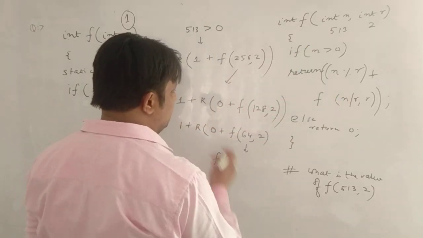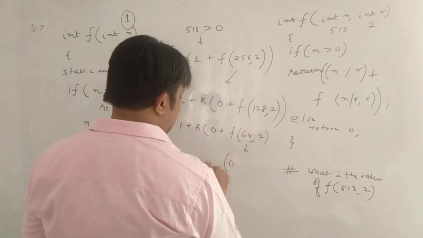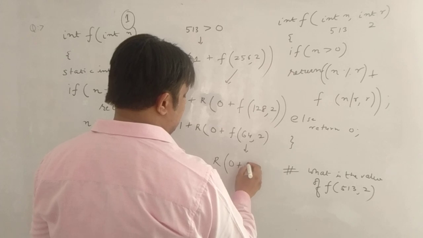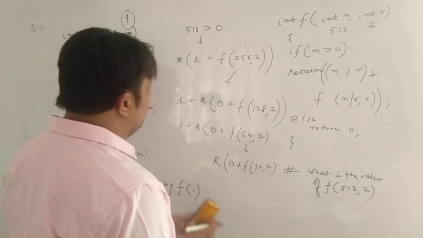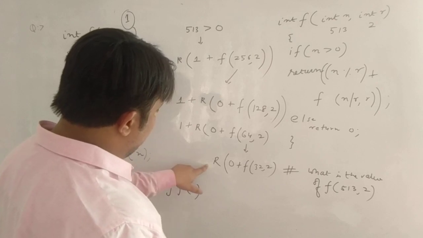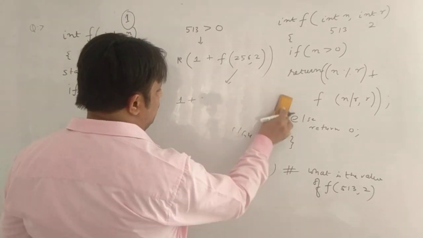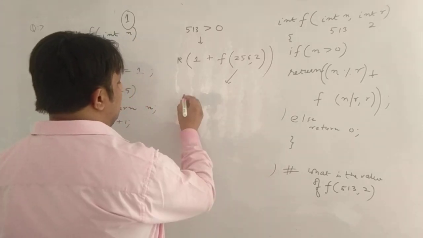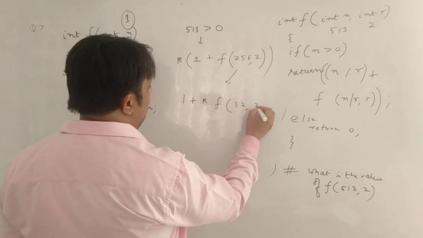So this is return 0 plus function 32 comma 2, right? So far, what has happened? 1 plus return function 32 comma 2.